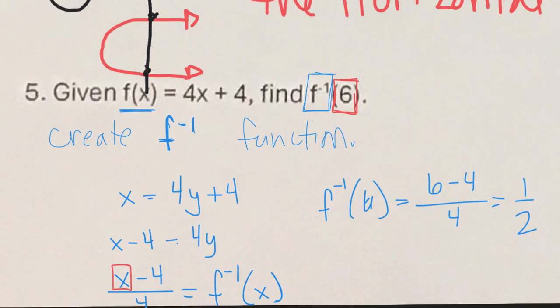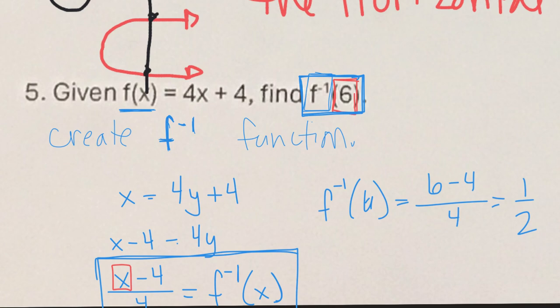Okay? So if you want to know the value of an inverse, you have to calculate the inverse. You don't plug 6 directly into your function, because this is not the inverse function. This is your original function. You have to plug 6 into the inverse.